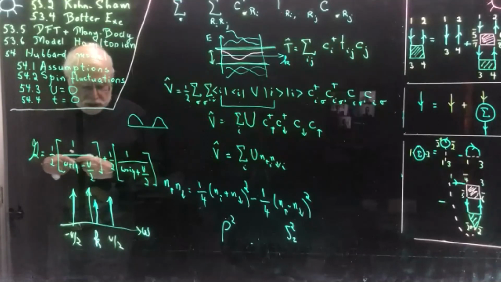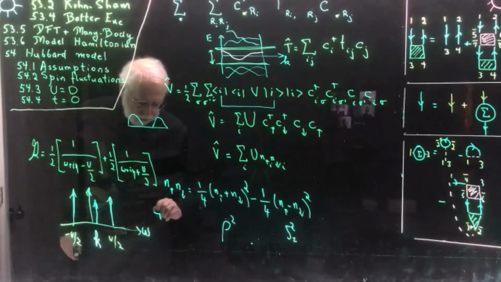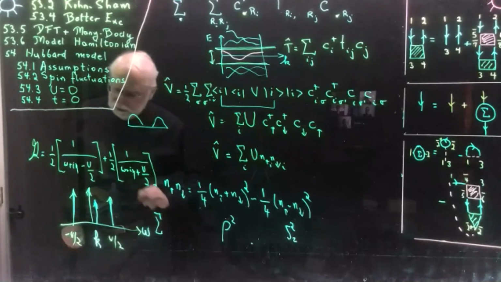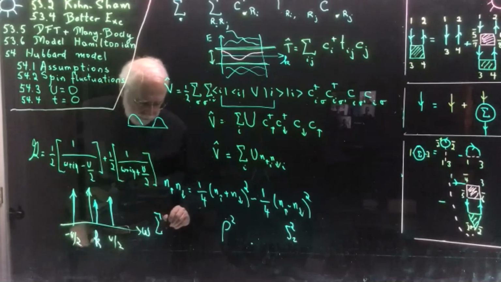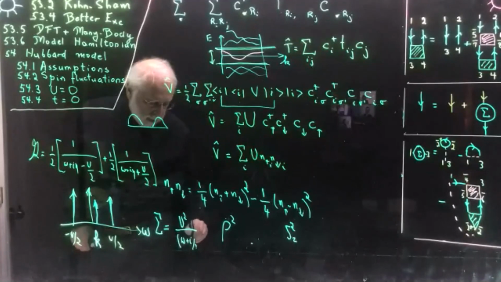Okay. And also, if you want to write this as a self-energy, suppose you take the usual form, you'll see the self-energy sigma is equal to U squared over (omega plus i eta).